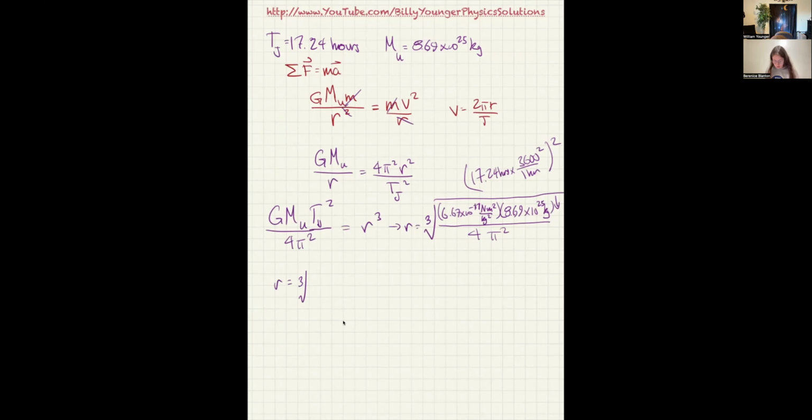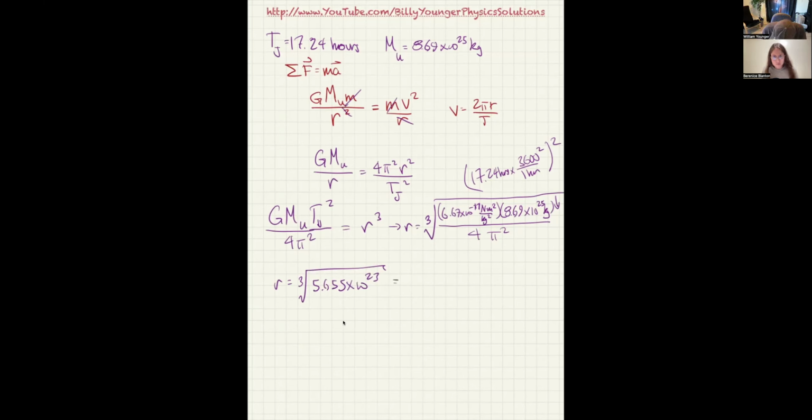And now I'm going to divide all that by 4 times 3.14159, and of course that pi is squared. So I get the cube root of 5.655 times 10 to the 23rd. I'm going to raise that to the 1/3 power, because that's the definition of what a third root is.